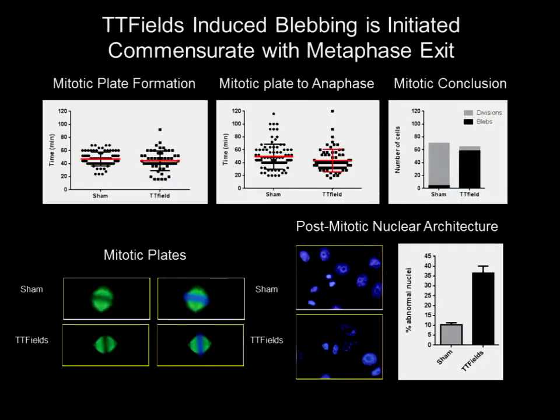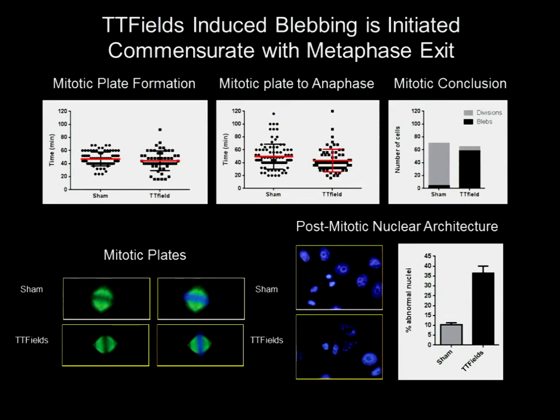So we looked at the time intervals between rounding and metaphase plate formation, and between metaphase plate formation and the exit of mitosis, either through blebbing or through division. And we found that in both cases the times were identical. So there's no difference between the ability of the cells to produce a metaphase plate and the ability of the cells to then go on and either divide or bleb.